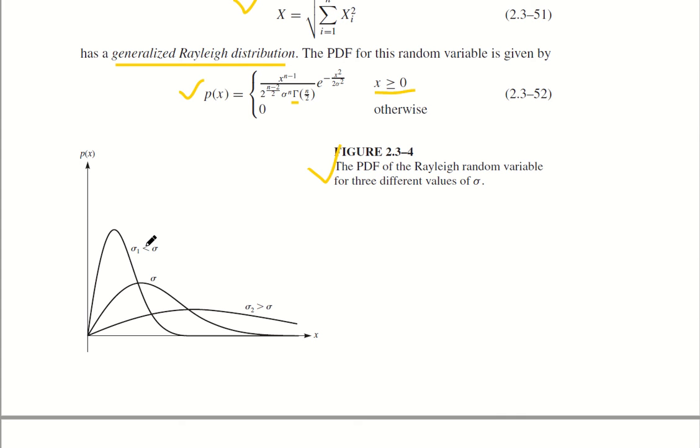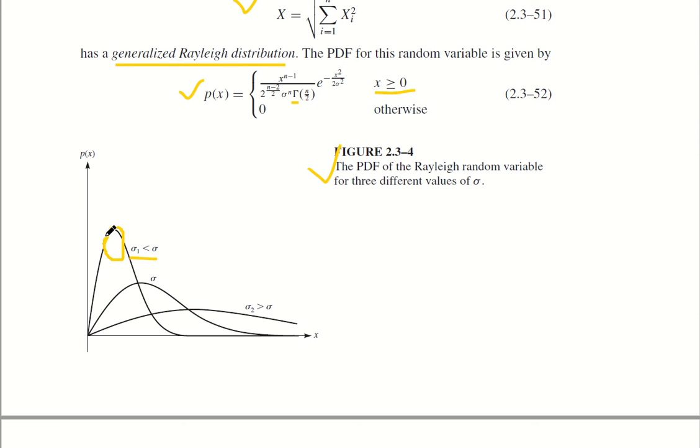Smaller sigma means we are having smaller variance in its component Gaussians, right? If we have smaller sigma in its component Gaussians, you imagine that when you take the squares and sum them up, it's going to be closer to zero.